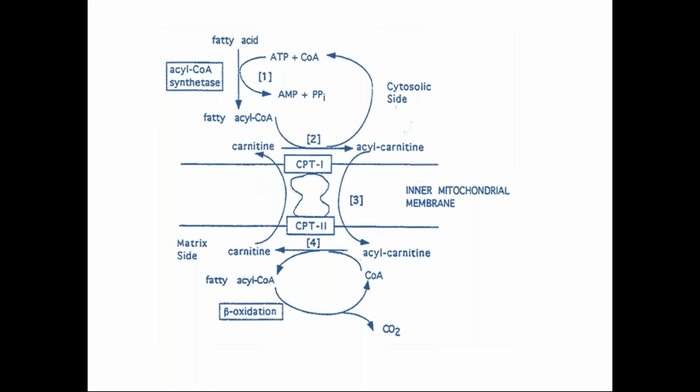So carnitine is required for the transportation of long chain fatty acid. If there is deficiency of carnitine, or any defect in the enzymes carnitine palmitoyl transferase or translocase, there will be a disturbance in the beta oxidation of fatty acid.